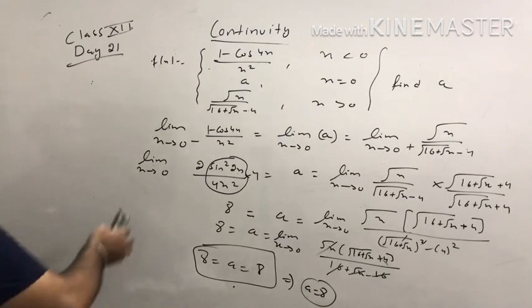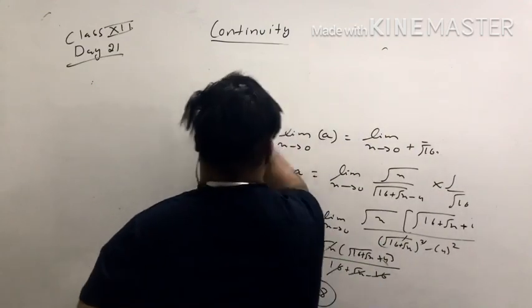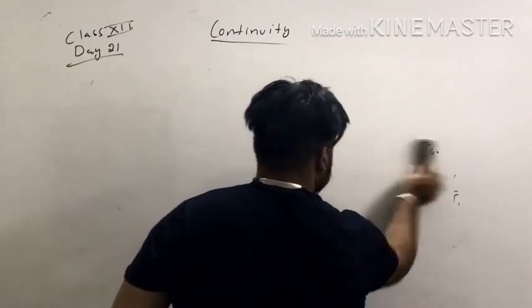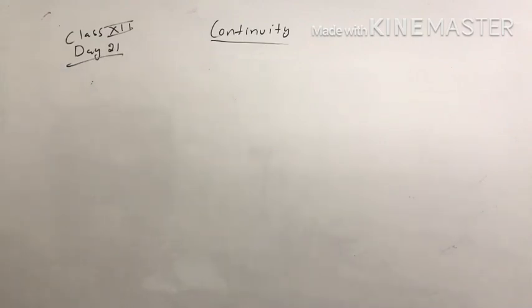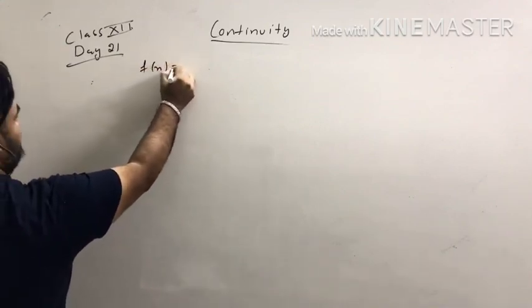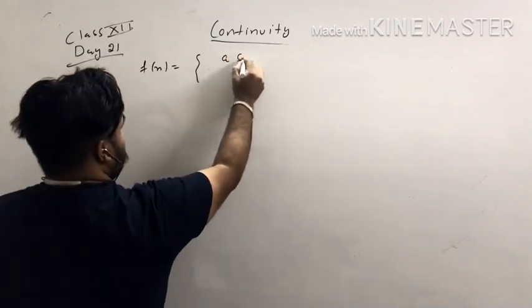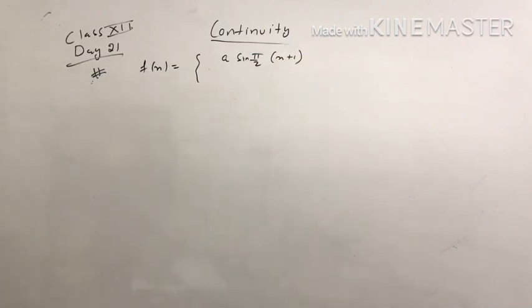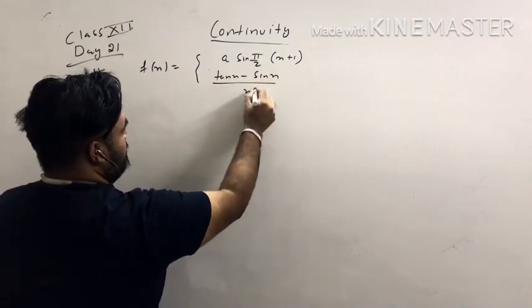The next question is again a very important question. The question is f(x) equals to a sin pi by 2 x plus 1 upon tan x minus sin x upon x cube.